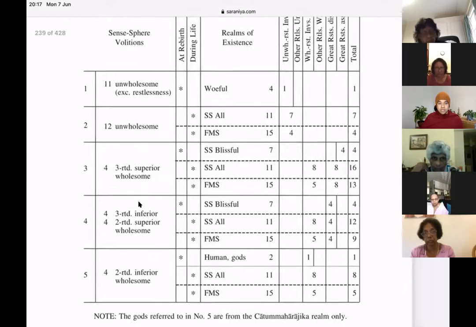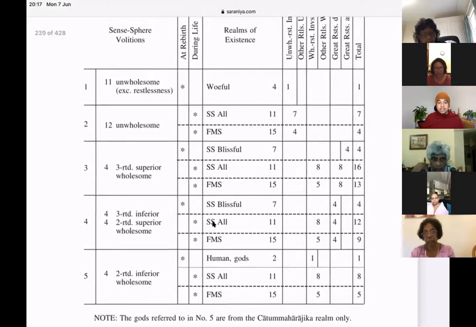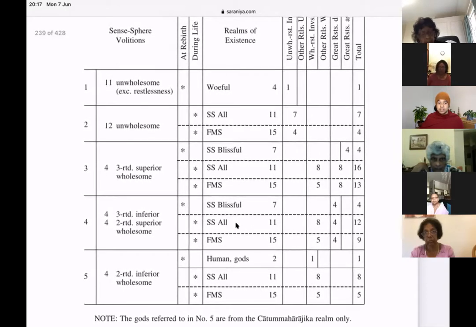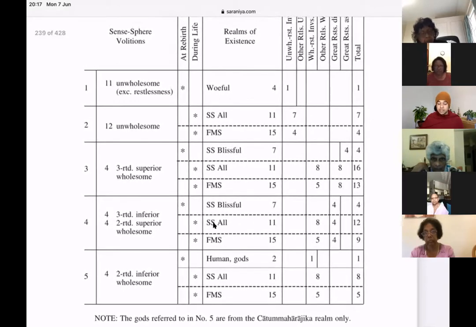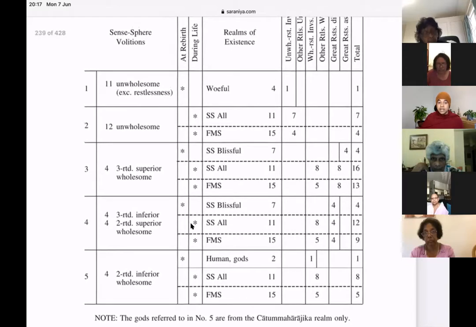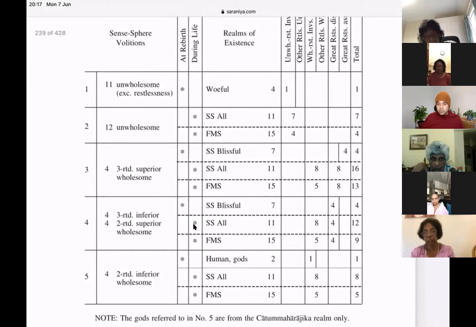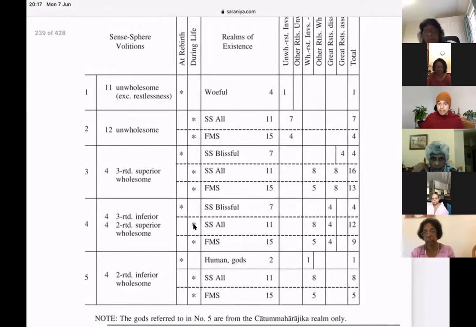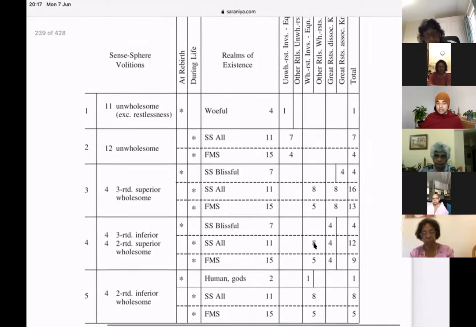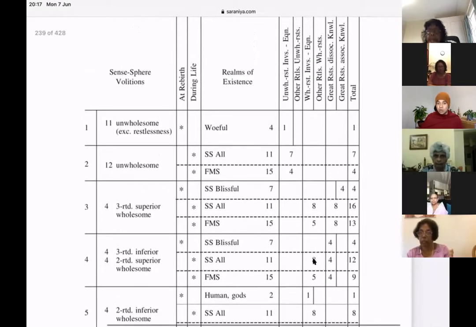The weaker category can give rise in all the sensuous sphere planes during the course of one's life. How does this happen? Think of it. Even now, if you look here, 8. What is 8? Wholesome resultant or other resultant.